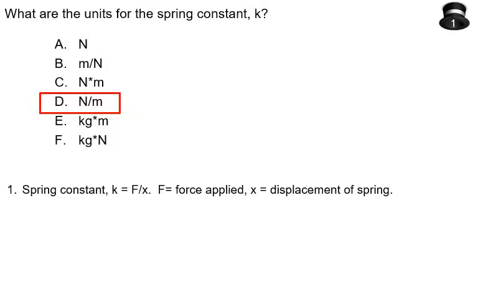That's because the spring force is equal to kx. The spring force is equal to the spring constant times the displacement. So therefore, the spring constant is equal to the force divided by that displacement. Force in SI units is the newton, and displacement in SI units is the meter, so that's going to be newtons per meter.